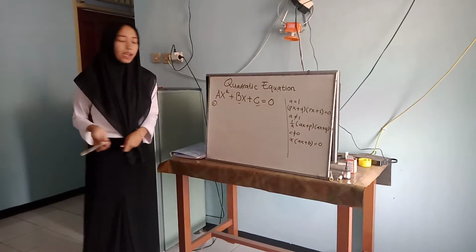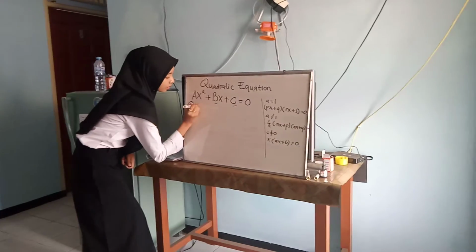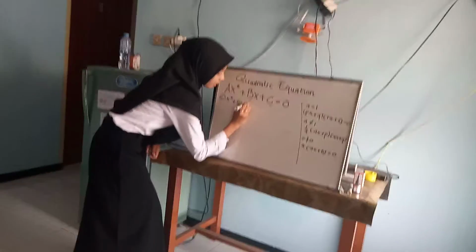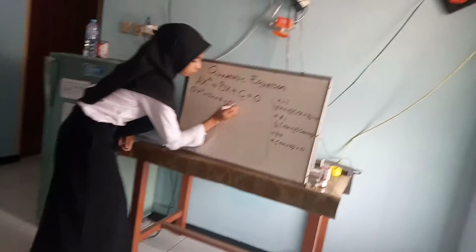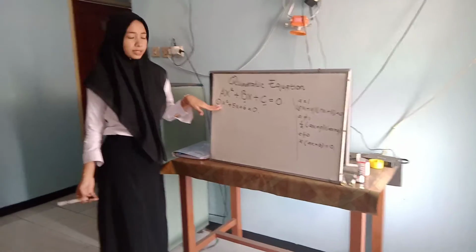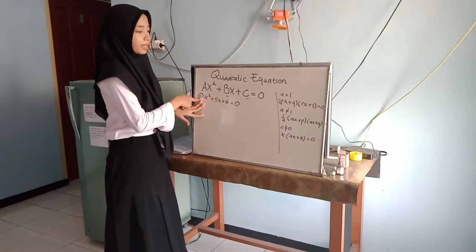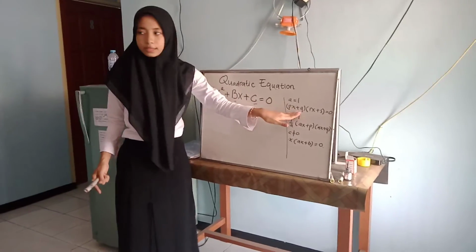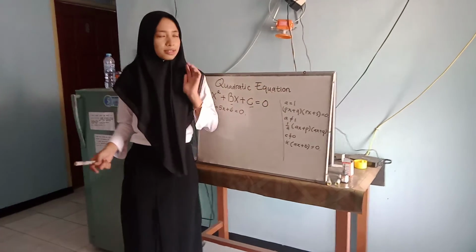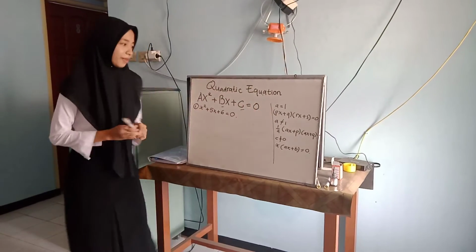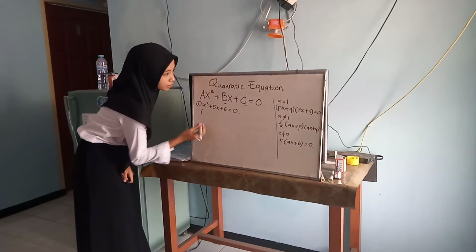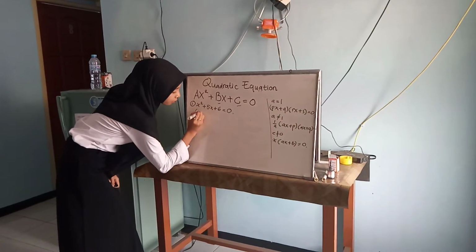The first is if I have the quadratic equation x squared plus 5x plus 6 equals 0. In this case the value of a is 1, so we can solve this equation this way.